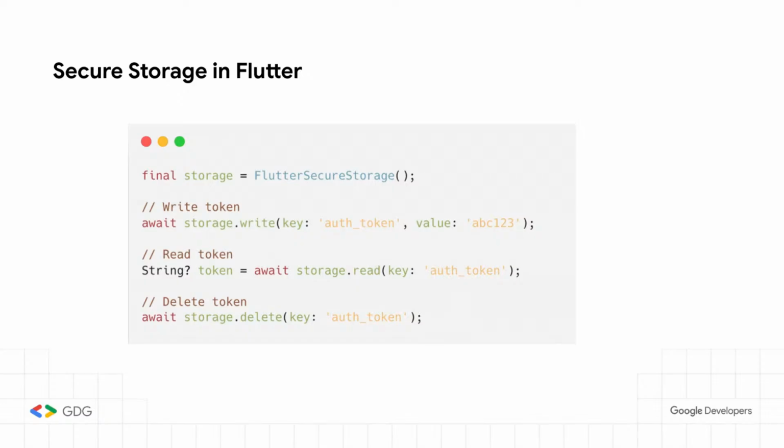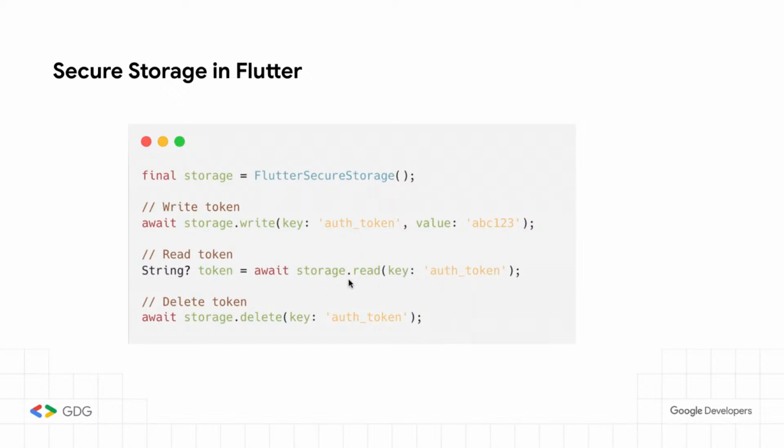After writing, we're obviously going to be reading it somewhere in our application. And like I said, my value can be accessed throughout the application using this key, which is auth_token. So I'll just say storage dot read and the key.